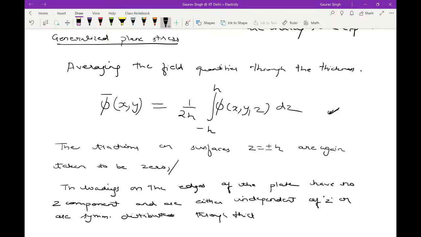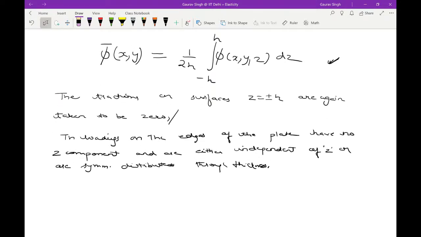Thickness, because if they are symmetrically distributed, then you can just assume that essentially they are 0. Or, in an average sense, they will integrate, they will become 0.